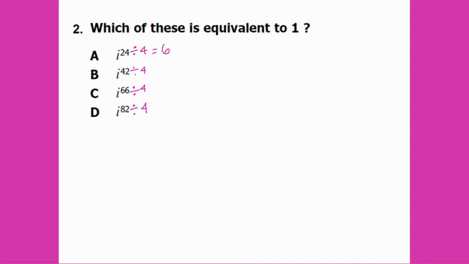This one will give us 6. Here we get 10.5, 16.5, and 20.5. So the only one without a decimal was the 6, which means i to the 24th would simplify to 1.